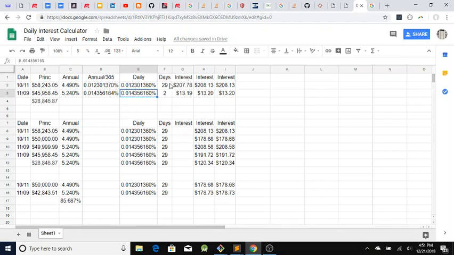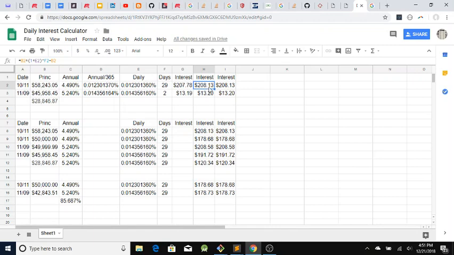Here is the number of days at this balance and this balance. So in this particular example, the balance was 58,243.05 for 29 days, and that ended up with an interest of 207.78 according to the bank. So I plugged it into a formula to double check the bank's number. Here you see what I have.